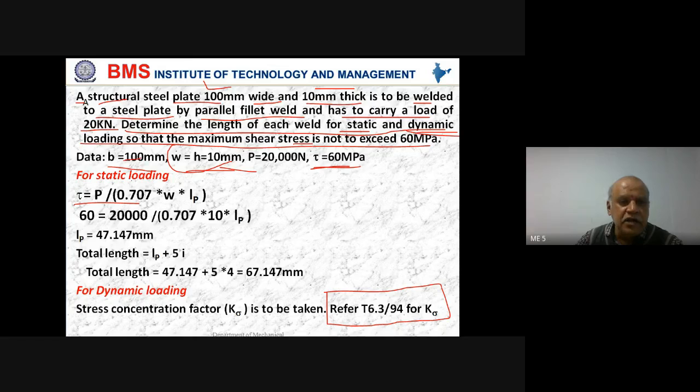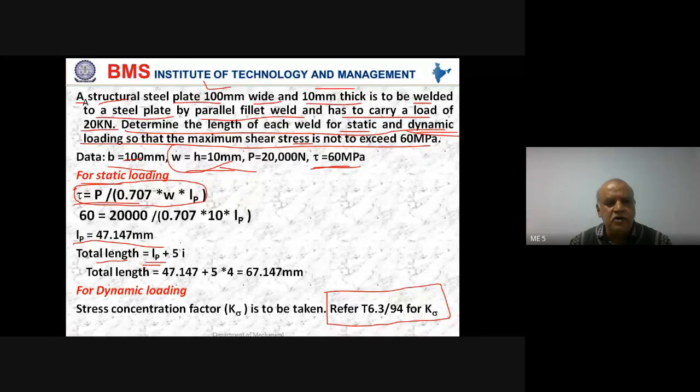For static loading, shear stress is given by P by 0.707 W into length of parallel fillet weld, as we understood earlier. From this you get the length of the parallel fillet weld, and the total length equals the length of the parallel fillet weld plus 5 times the number of free ends.